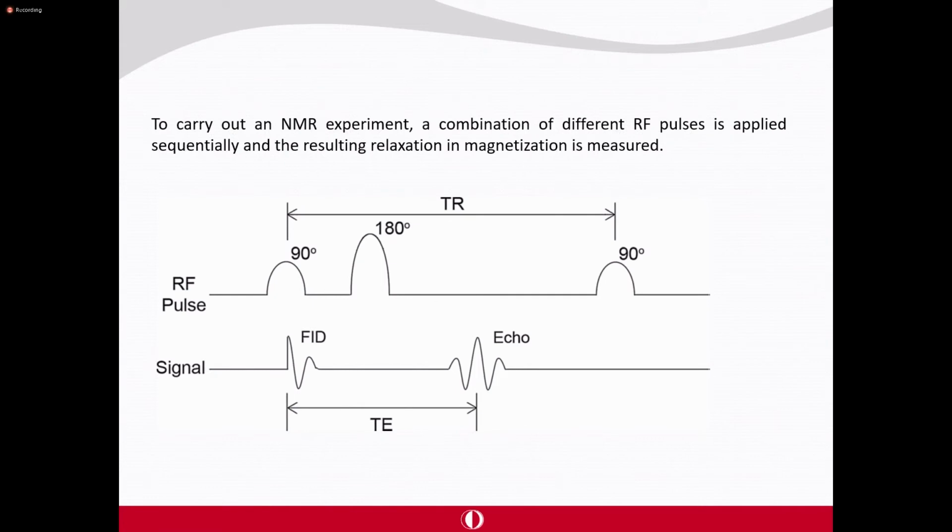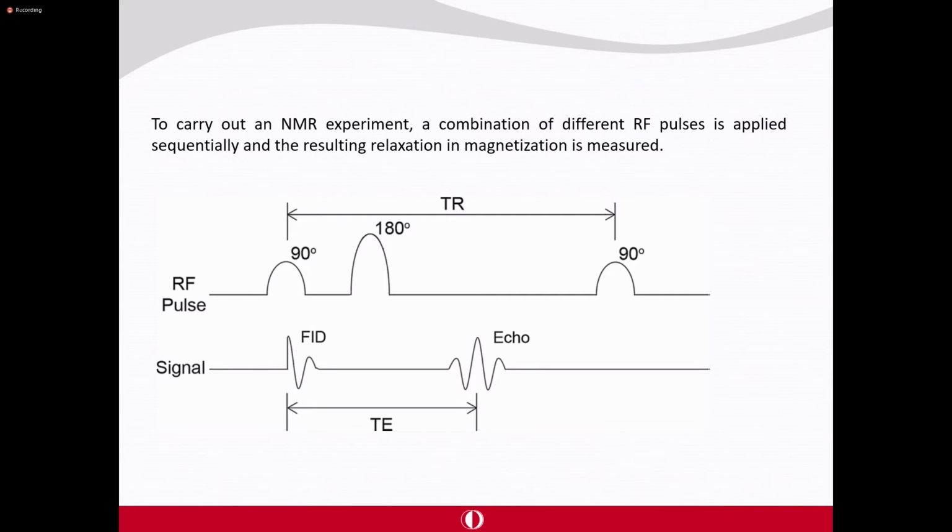Think about the net magnetization as flipping up. If you apply RF for a certain duration sufficient to flip it 90 degrees, this is a 90-degree pulse. If you keep the RF pulse on longer, you can flip it 180 degrees, which means the 90-degree pulse duration will be half of the 180-degree pulse.